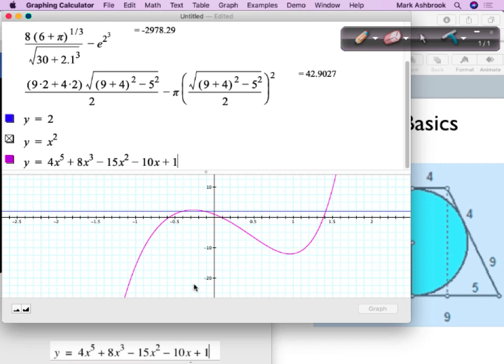Okay, and so then you can do the crosshairs. Again, do the intercepts. So this should lock on the x-intercepts, the intersections, the maxes, and the mins. So you got lots of places where it's going to lock here.